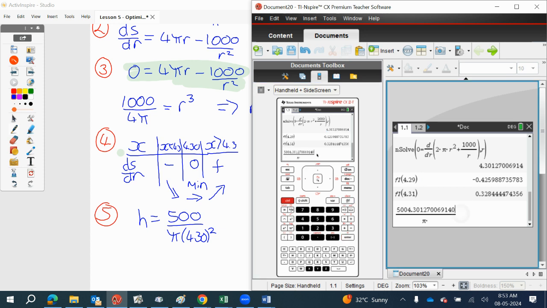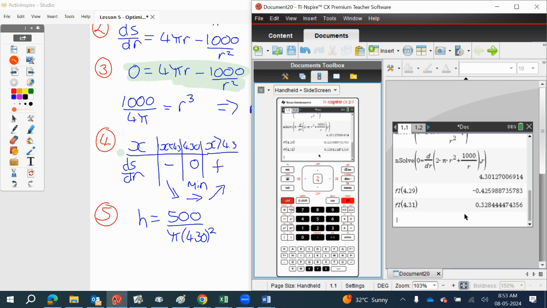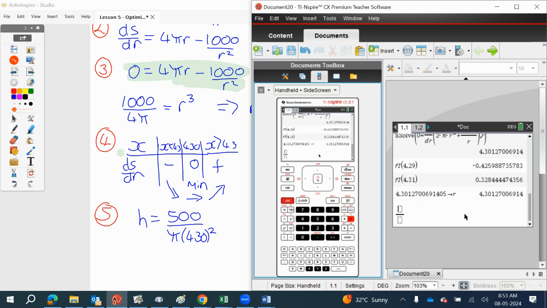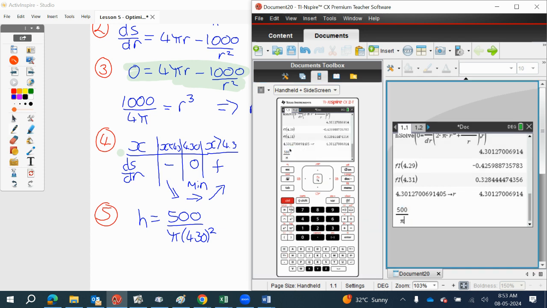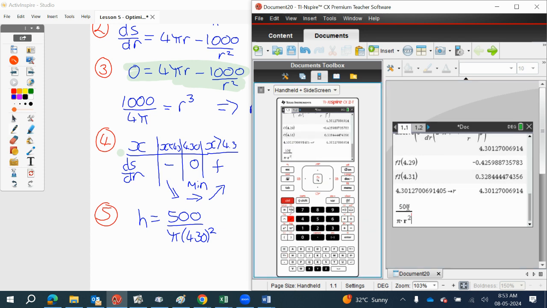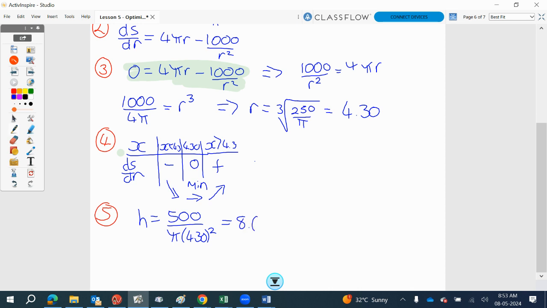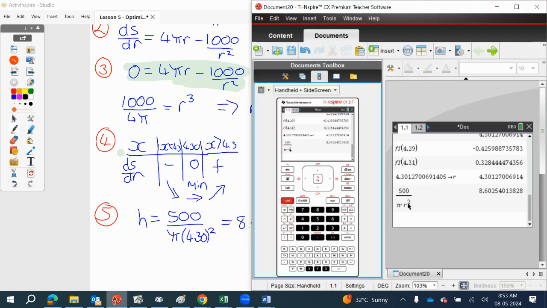I'm having difficulty getting it in the place I want it to go, so I'll copy this number down, and press Control Store. I'll put it in the letter R. Great. So this time I can do 500 over pi times r squared. This is equal to 8.60. Notice here, I took care to use the exact value.